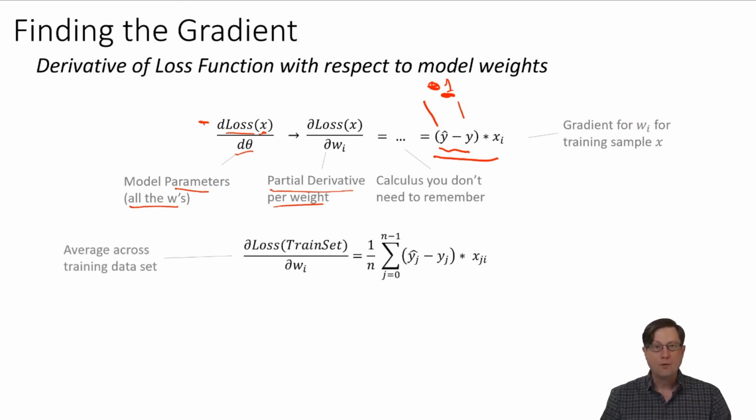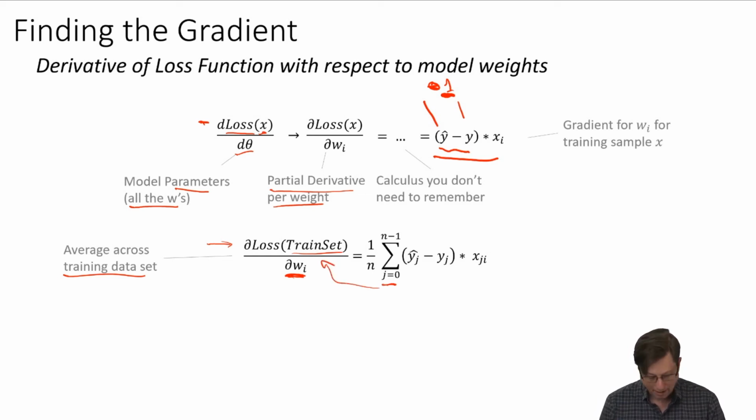And then what you would do is you would take the average across the entire training set. For weight I, you want to figure out what's the direction of the gradient for weight I that has the largest effect on the loss according to the training set. And you would go through each instance in the training set, each training sample that you have. You would calculate the gradient with respect to the weight that we're talking about.